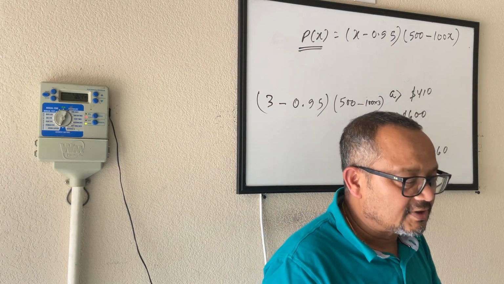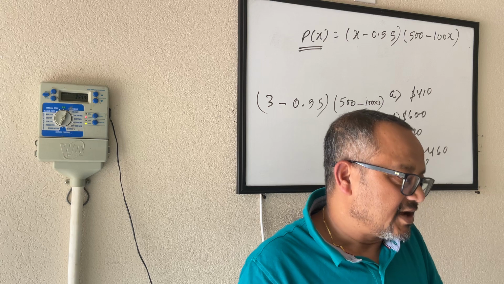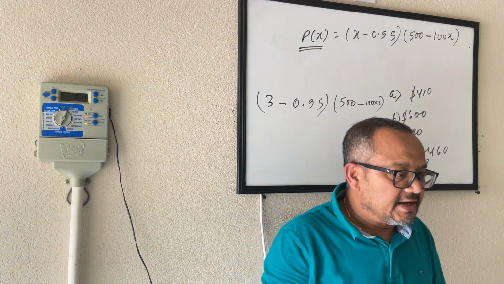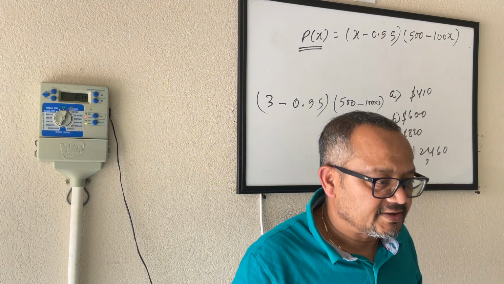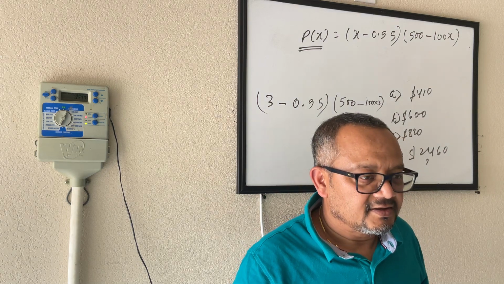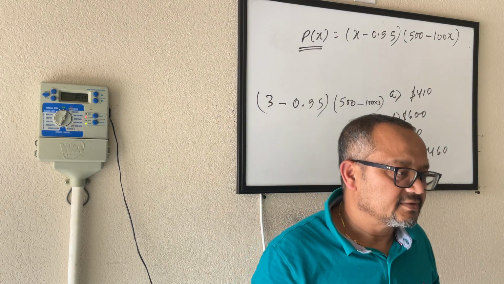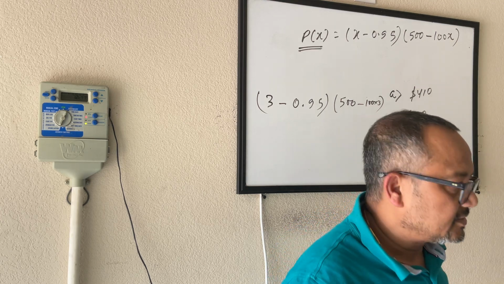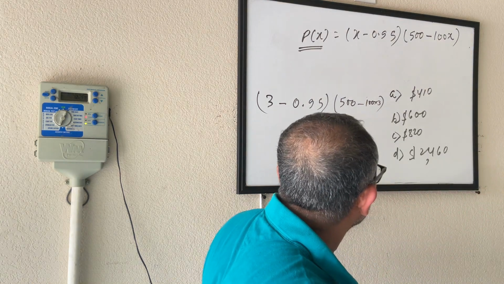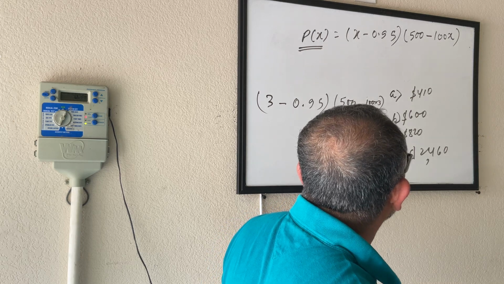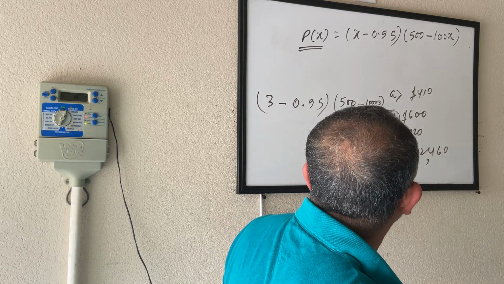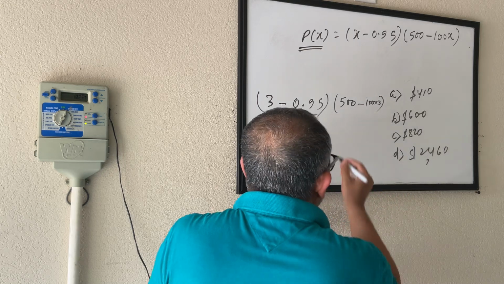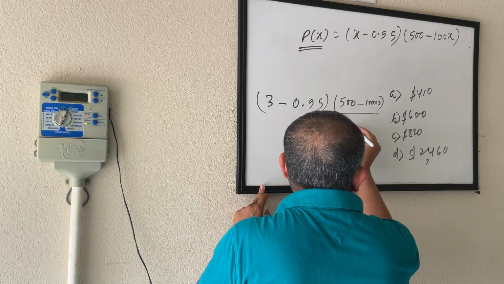Let's see who else wants to explain that to me. What did you do to nail it down to A as an option in the simplest possible way? Yes, Shiv. Sir, so when I started, it was Px equals x minus 0.95 times 500 minus 100x, and I turned x into 3 from the information in the question.